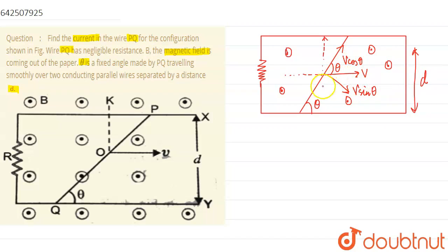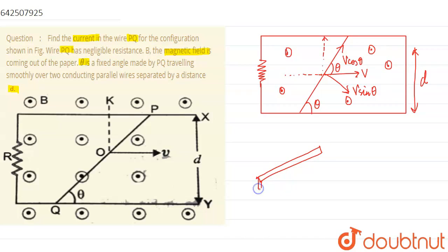Okay. And now let's understand what is happening in this magnetic field. So there's a wire PQ. It must have free electrons inside this wire because it's a conductor. So let's consider a 3D structure of a wire.